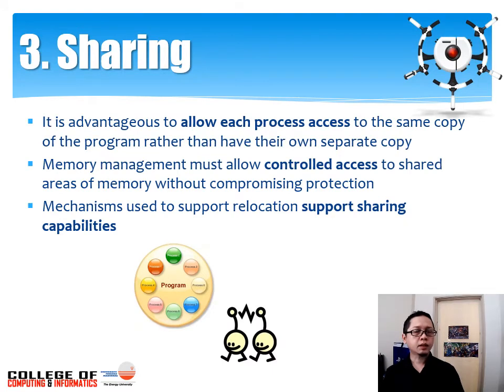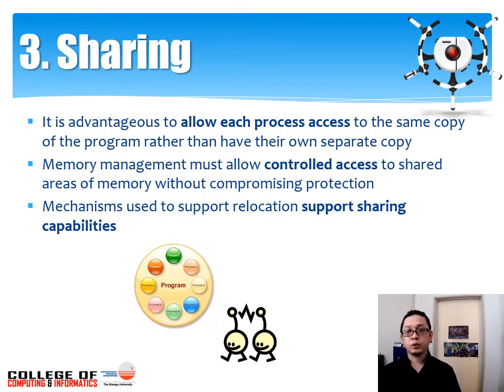The third requirement is having the sharing capability, because usually processes sometimes share resources such as data and input from the user. So whatever data is already there in the main memory can be used across programs.